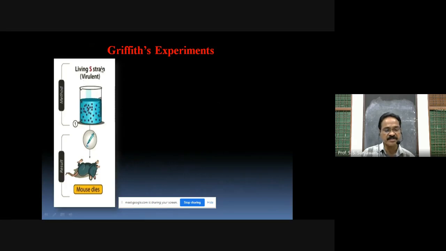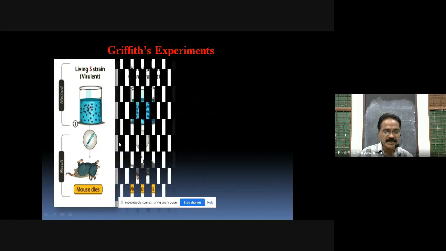to understand. So the living S strain is virulent, as we have studied here, the S strain which is responsible for the pathogen, that type of disease. When he injected it, here you can see the syringe and this is the mouse, he found the result: the mouse died.